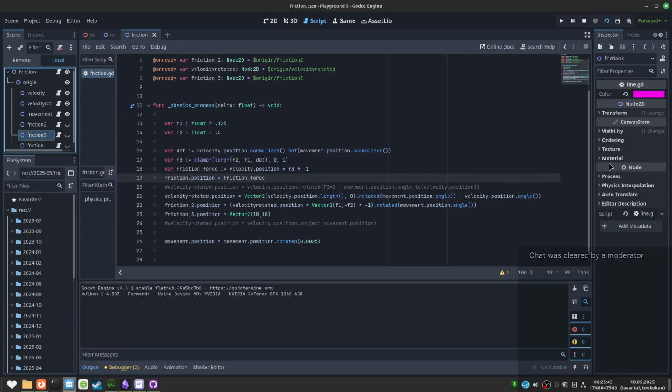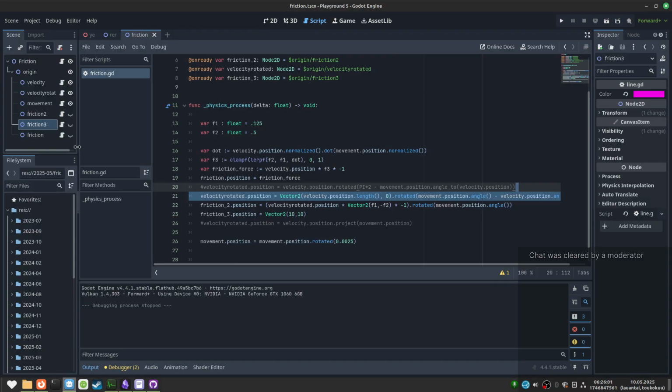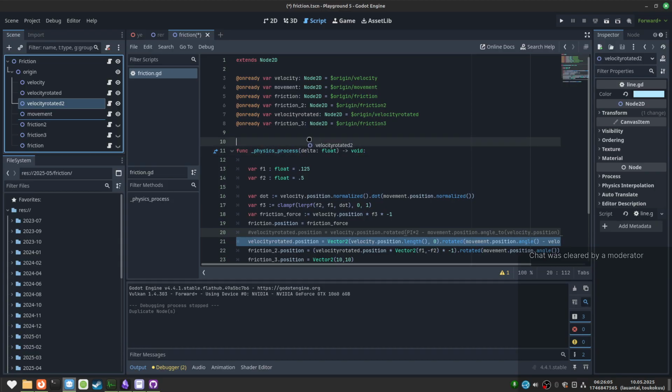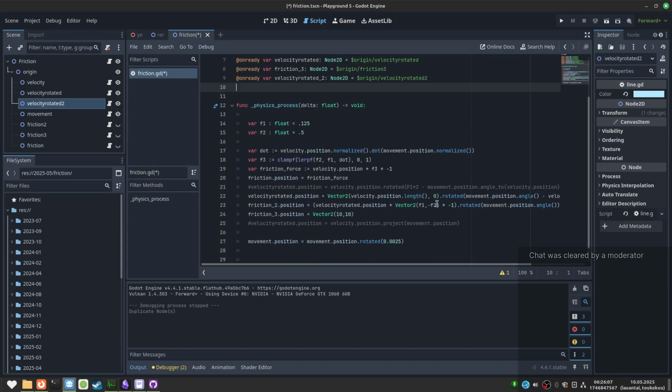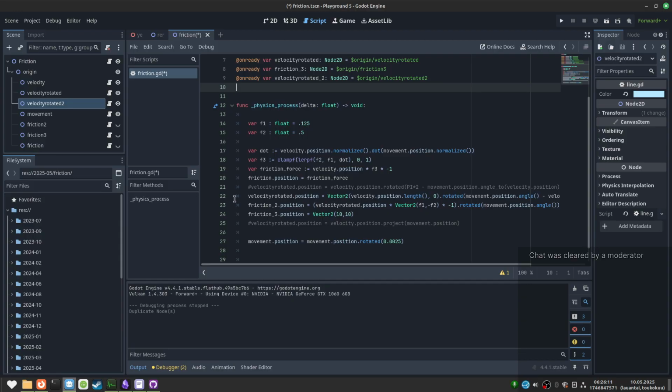I don't think I can get away with not doing this. Or, I mean, I at least need this. So I'm gonna have another velocity rotated here, and what I will do is figure out a better way to rotate it. I think that makes sense.